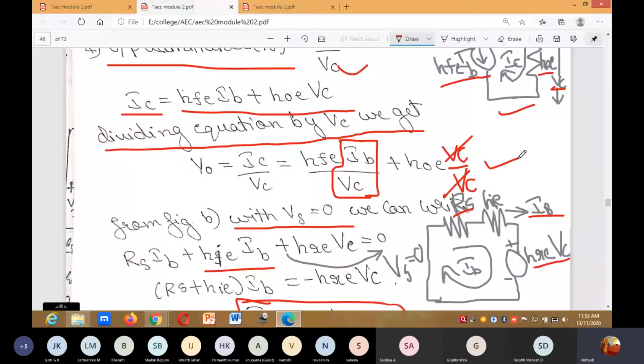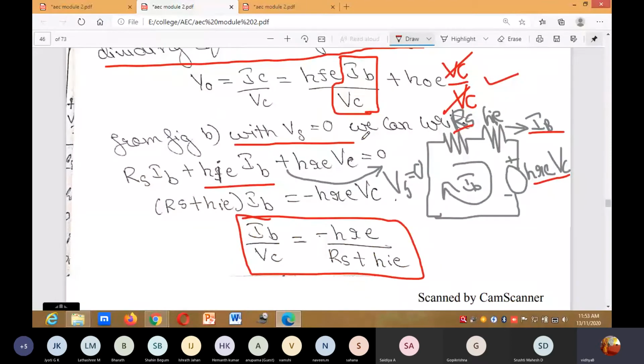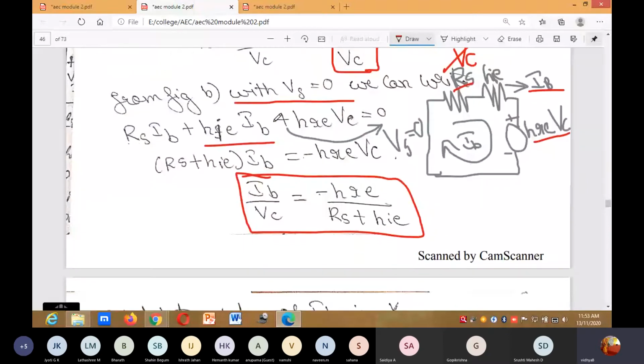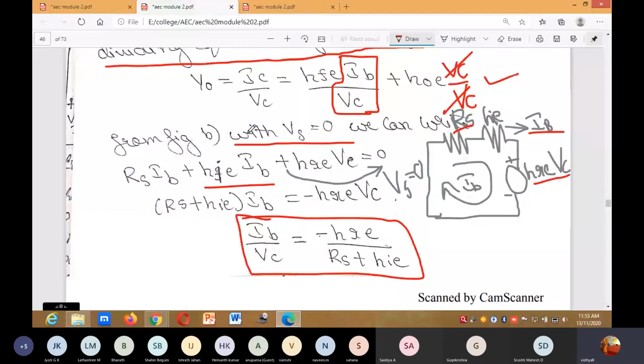After getting this equation, we don't know the value of IB divided by VC. The equation should be in terms of resistance and hybrid elements. So we have applied the loop and written here RS IB plus HIE into IB plus HRE into VC is equal to 0.